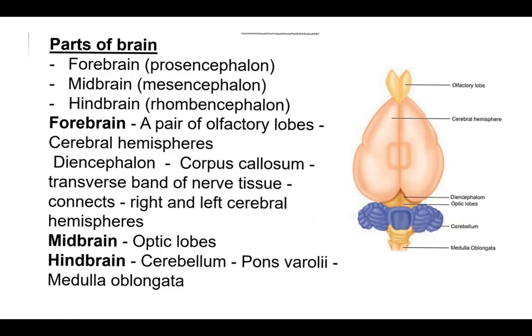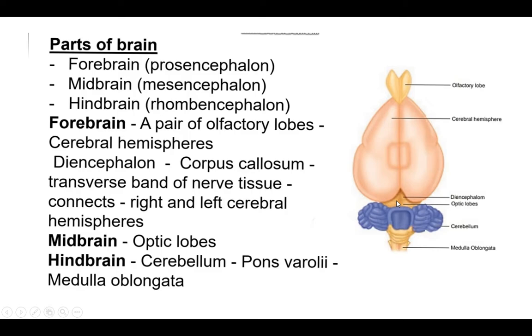Corpus callosum is nothing but a transverse band of nerve tissue, which is connecting the left as well as right cerebral hemisphere. So left as well as right cerebral hemispheres are connected with the help of corpus callosum.